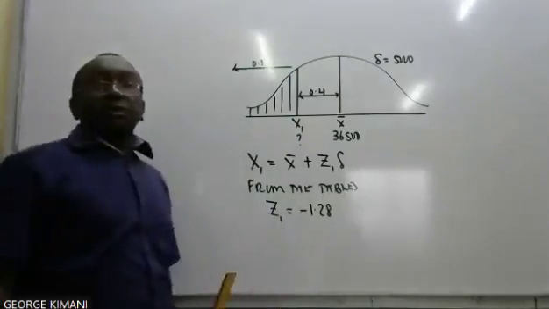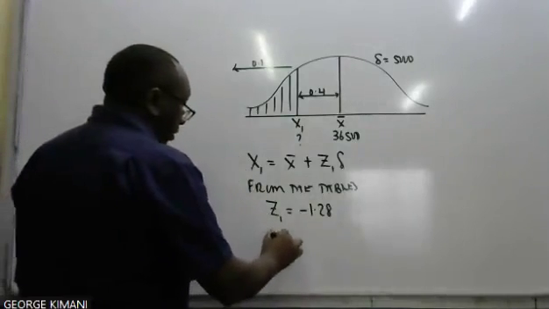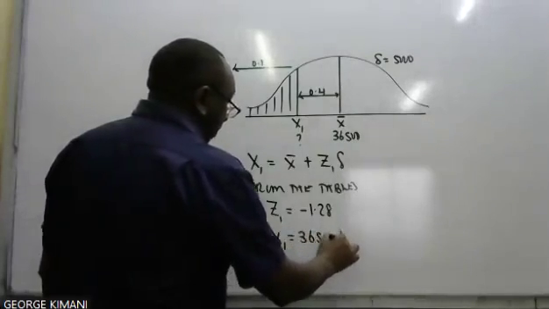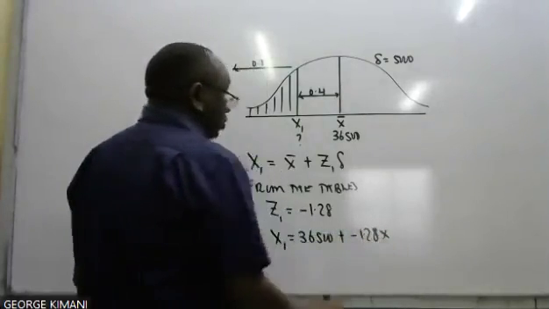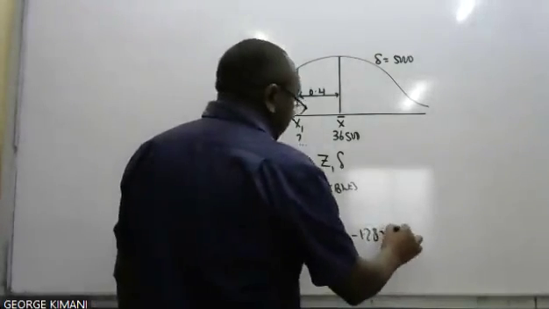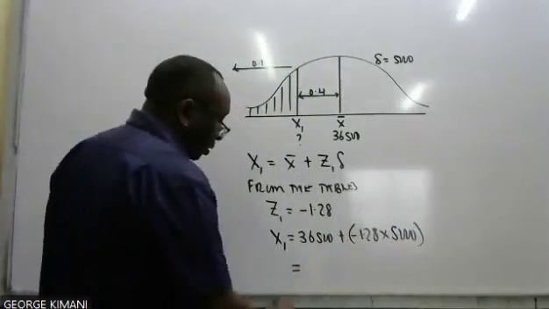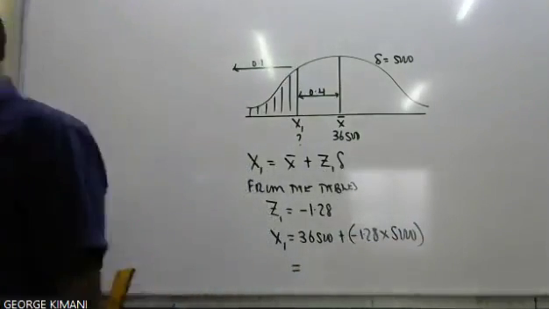So if we have 1.28, then our X1 should be 6,500 plus negative 1.28 multiplied by 5,000.